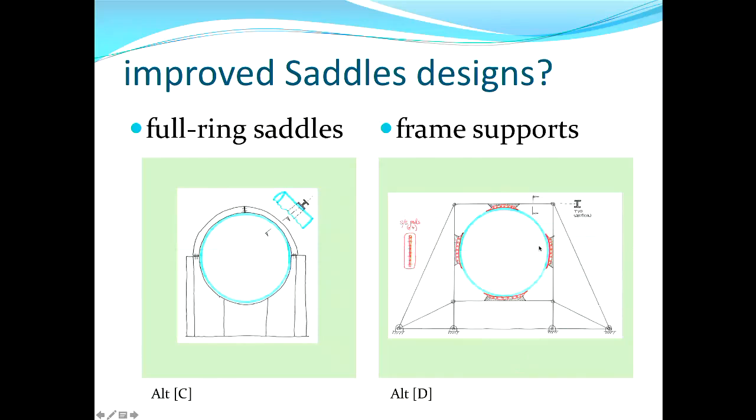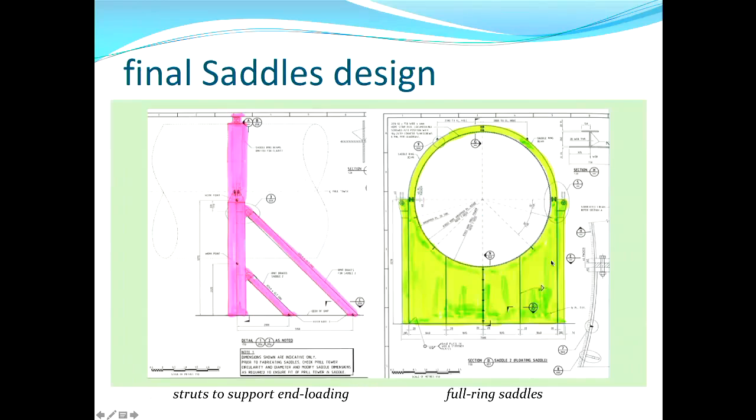Another way to do it would have been to build like a space frame and support it at a number of points around its perimeter. Well, as I said, we went with the full ring saddle design.